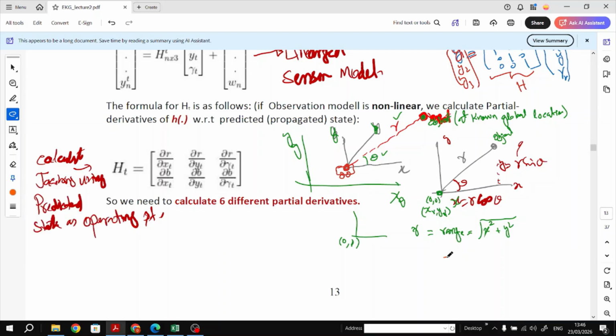It will be the square root of (x minus xr) squared plus (y minus yr) squared. So in this case, the global coordinate frame and local coordinate frame of robot are not located on the same origin, but they have some displacement vector like this.